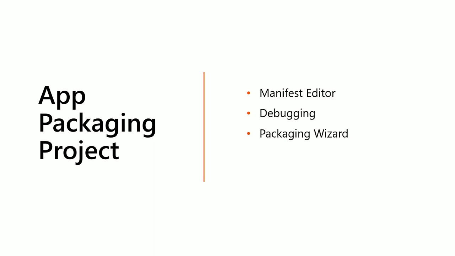It comes with a manifest editor that you can use to configure the settings and the properties of your package. You can also debug from there to see how your application would behave when it's actually deployed as an MSIX package. Once you've verified that everything works, you can then use the packaging wizard to create an MSIX package.